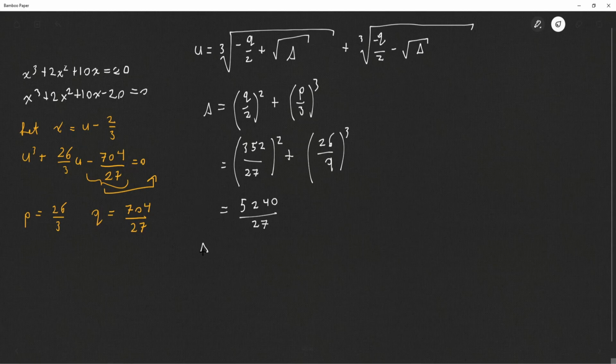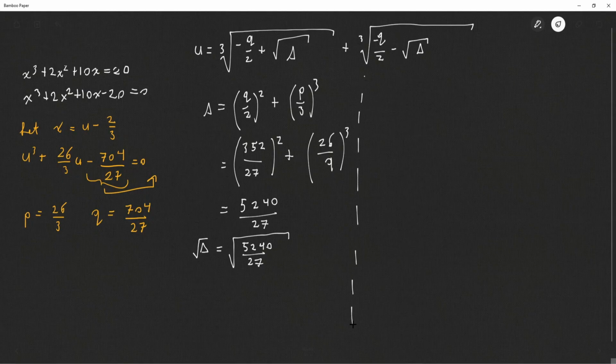Now we have the discriminant, and we're looking for the square root of that number. And now we're able to solve for everything in our formula up above.